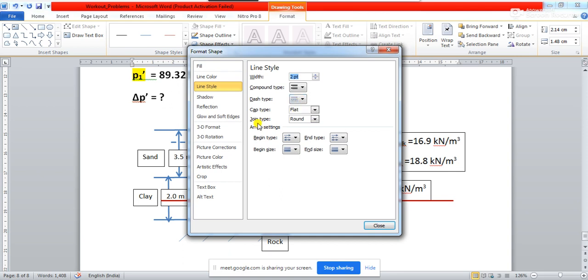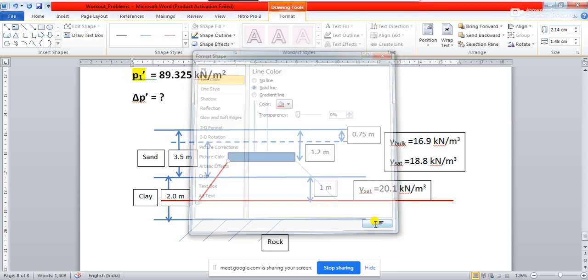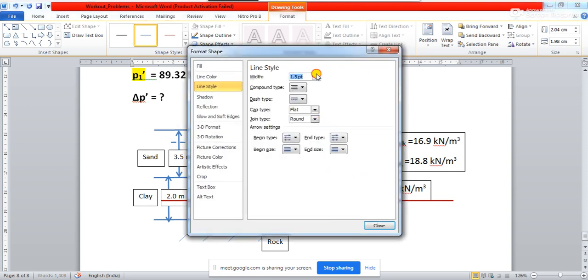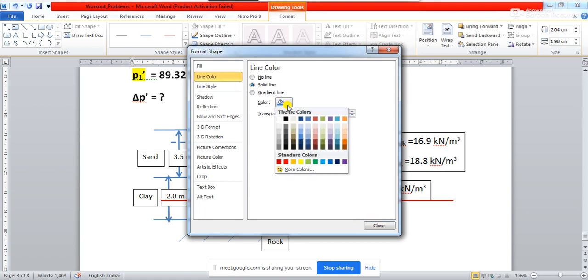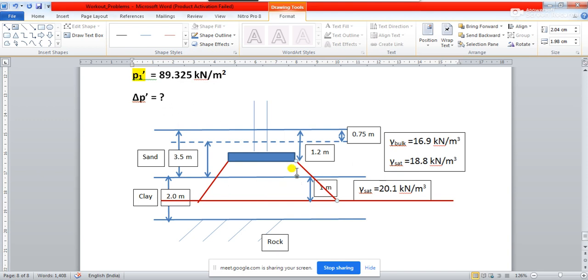And let me change the color also. Let me change it to this one. So the slope distribution of the stress is something like this, whatever we are seeing now. So this is the slope distribution, right?